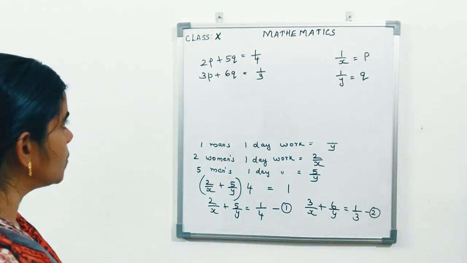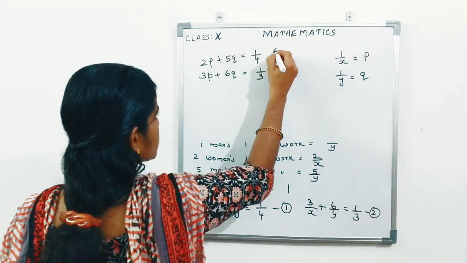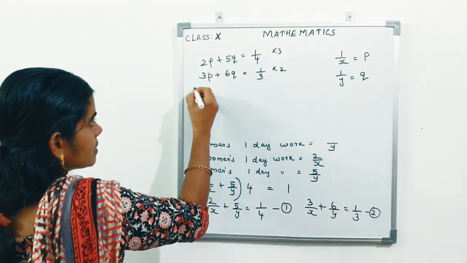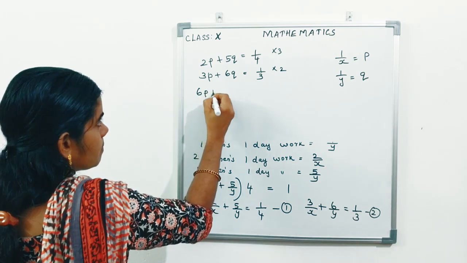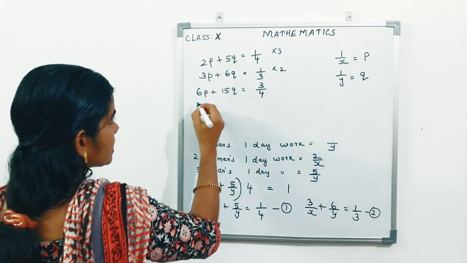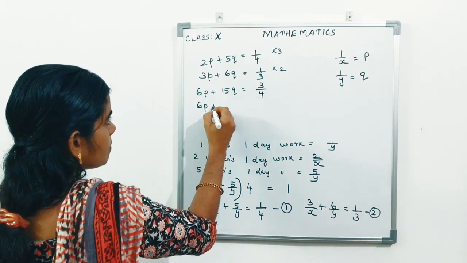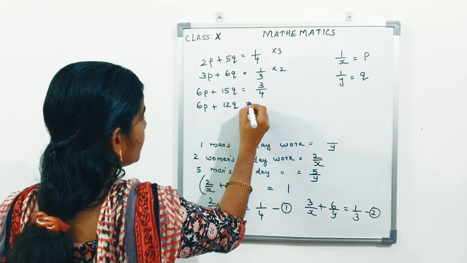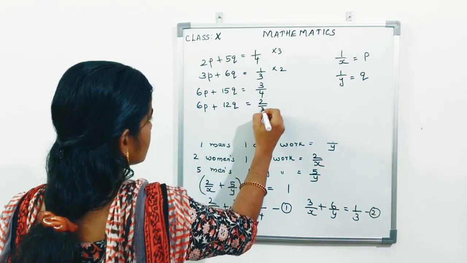Then here also we can multiply the first equation with 3 and the second equation with 2. Then 6p plus 15q is equal to 3 by 4. Next will be 6p plus 12q is equal to 2 by 3.